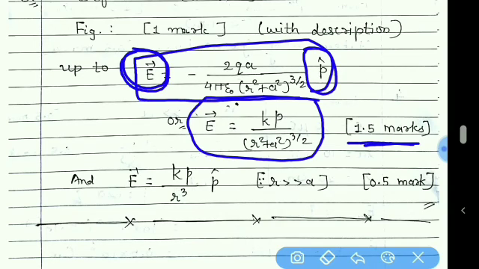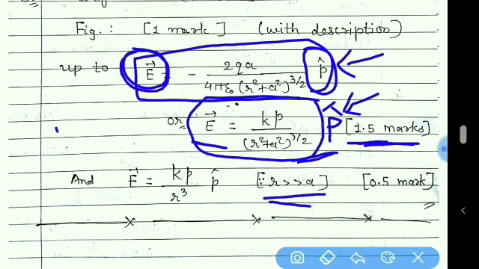So in this also there should be p cap for direction. So you can expect 1.5 marks full if you have reached till here this formula or this formula. And then finally, for a large distance the electric field on the equator will be this much. So for this also you can get 0.5 marks. So in all it carries 4 marks.